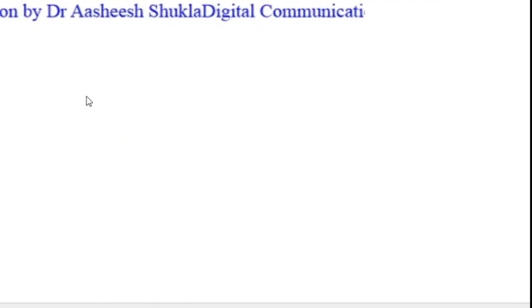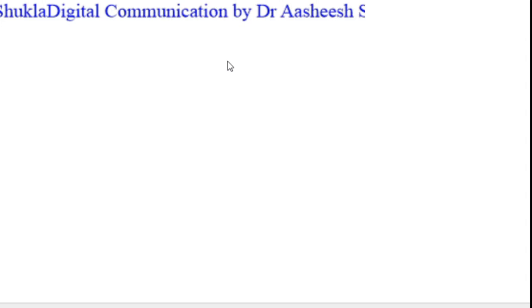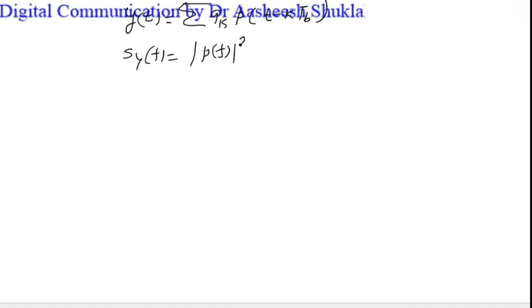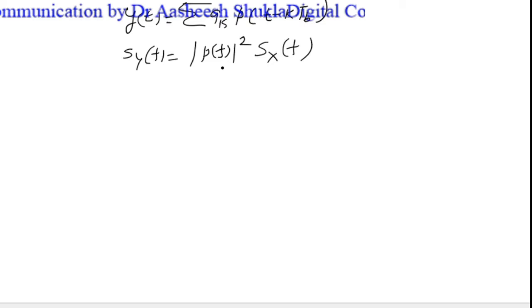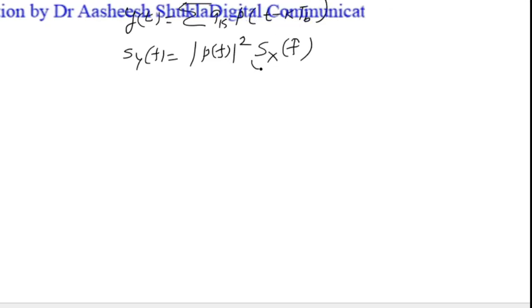We have already seen that the line coded signal simply can be written as y(t) equals summation over k of a_k p(t minus k T_b), where k can be moved from minus infinity to infinity. And we have also seen that the power spectral density of this signal can be found with the help of the power spectral density of the input signal, that is S_X(f). This is the PSD of the input signal.